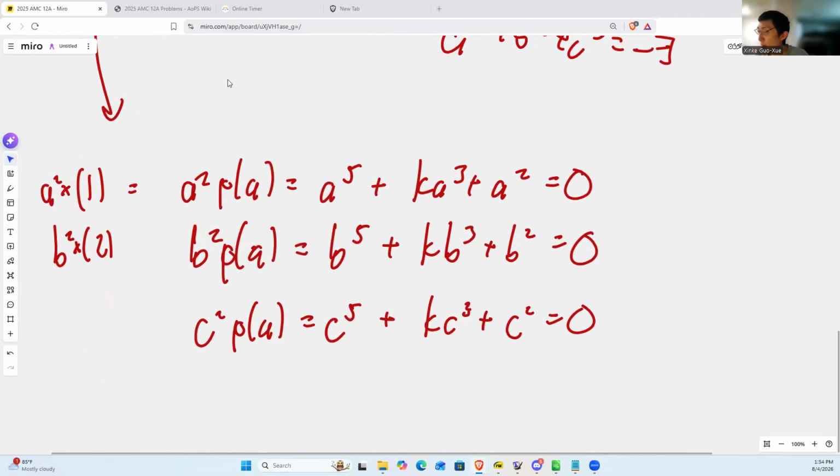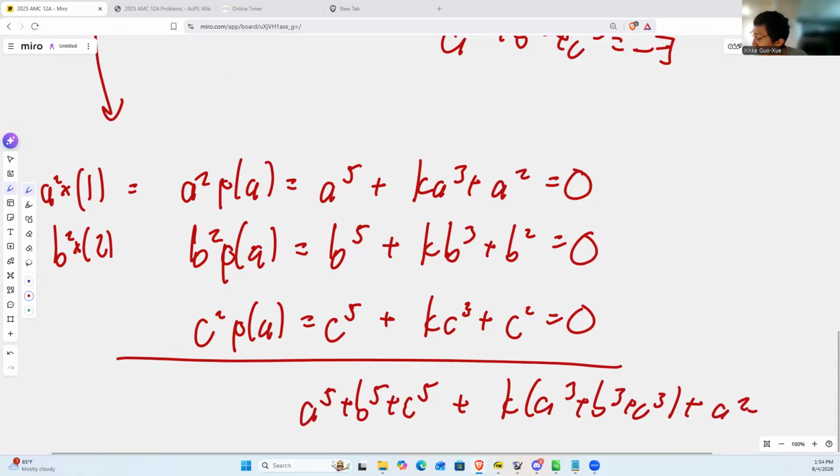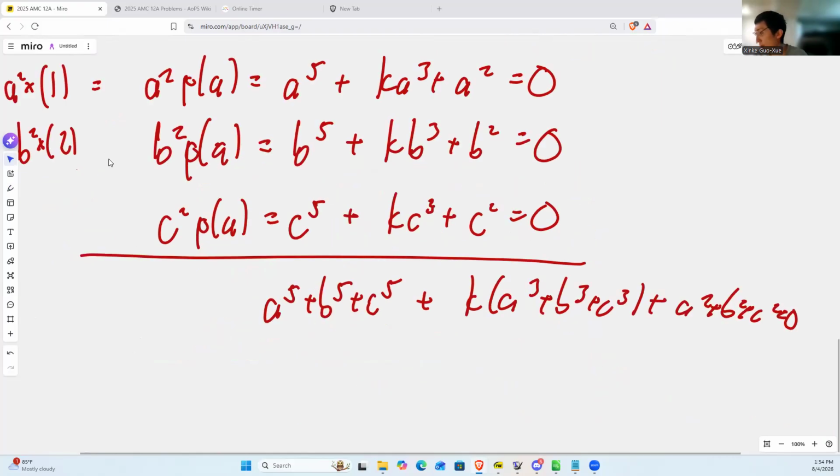Well, now we can add. So a to the 5th plus b to the 5th plus c to the 5th, plus k times a cubed plus b cubed plus c cubed, which is negative 3, plus a squared plus b squared plus c squared, which is negative 2k, and this is 0.